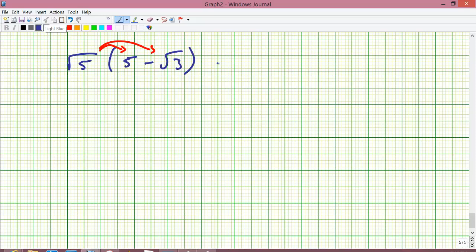We just have to follow the rules of multiplying radicals. So root 5 times 5 is 5 root 5, minus root 3 times root 5. So they go together. And that becomes 5 root 5 minus square root of 15.